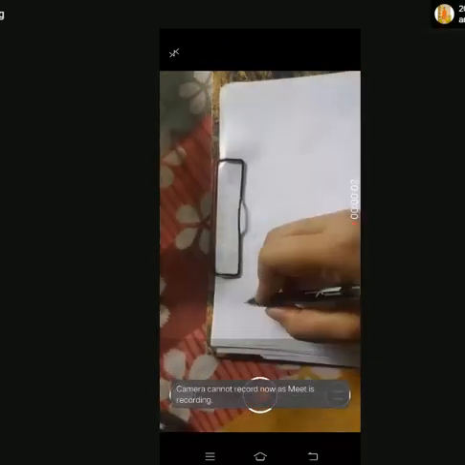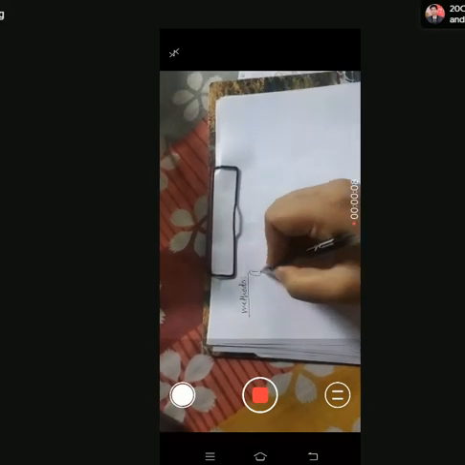The different methods. The first one is the rotating angle method. I will show you the figure directly from my notes, because it will take time to draw.